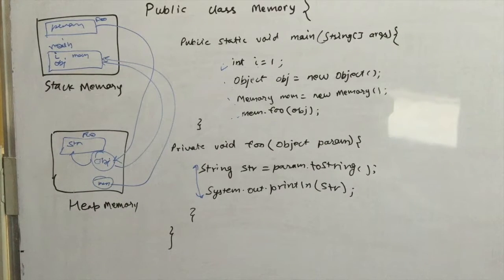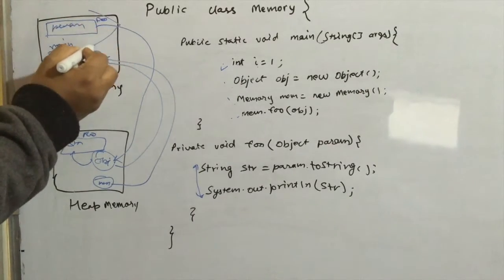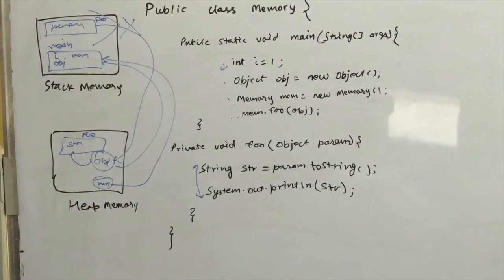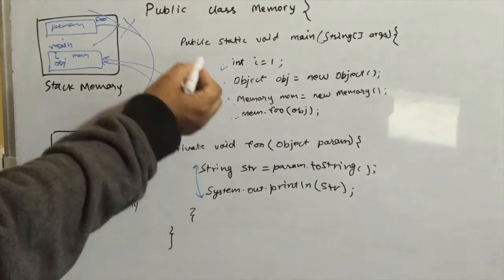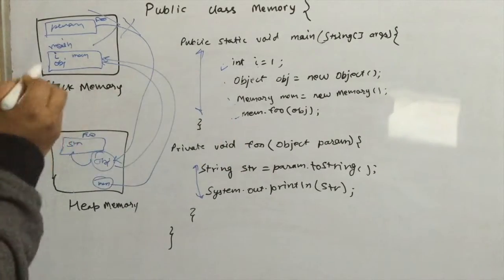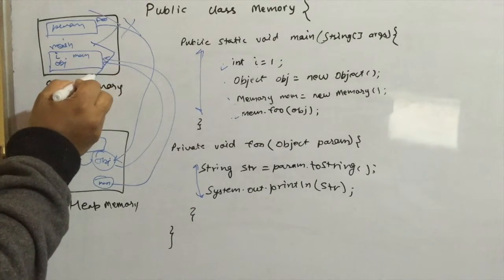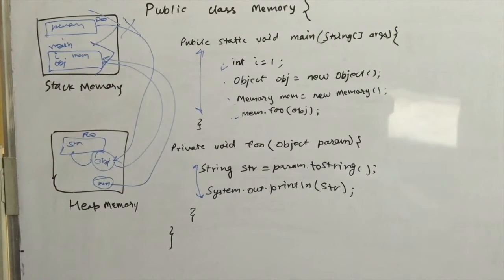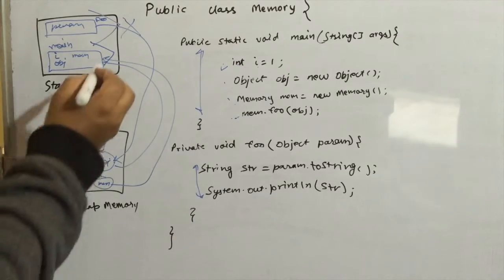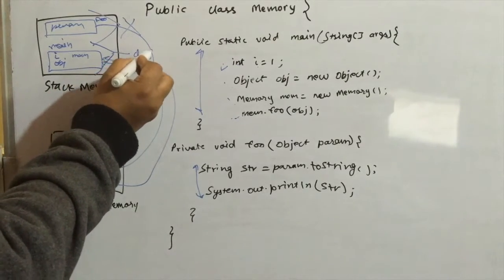Then the foo method is finished. When the foo method is finished, its space will be destroyed. Similarly, the main method execution is finished, and the main method that is taking space in stack memory would be destroyed as well.